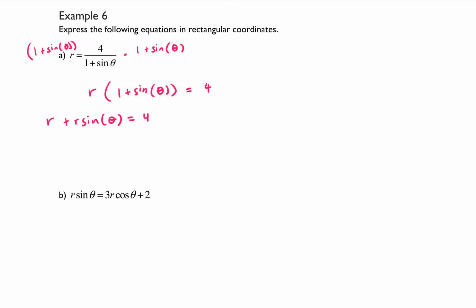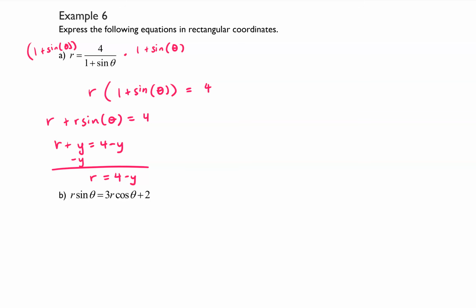Hopefully you recognize that r sine of theta is the same thing as y, so I can go ahead and make that substitution now. And if I subtract y on both sides, we get r is equal to 4 minus y.